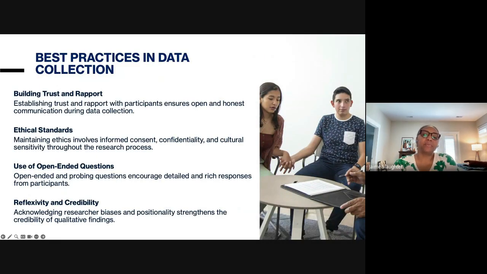So just some best practices in doing data collection for qualitative research.